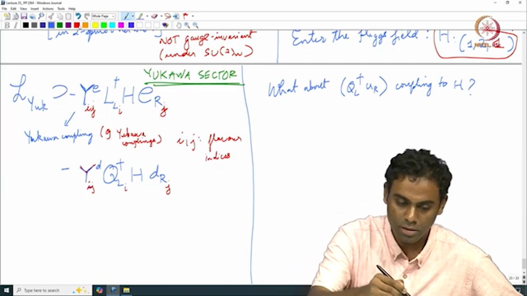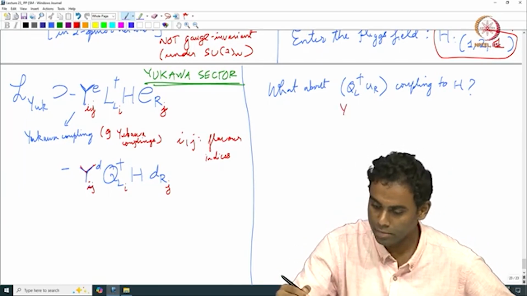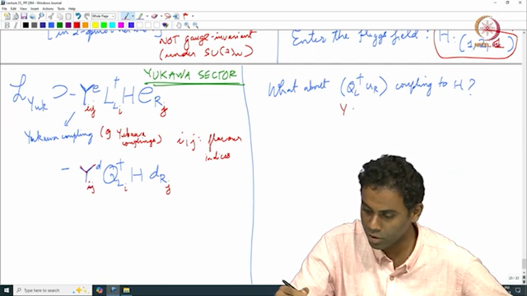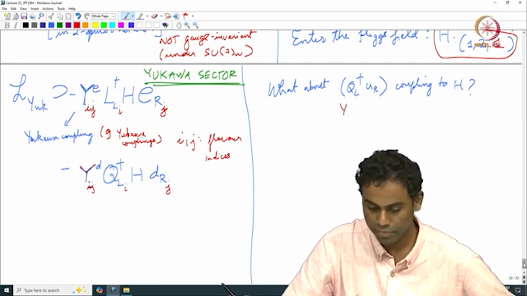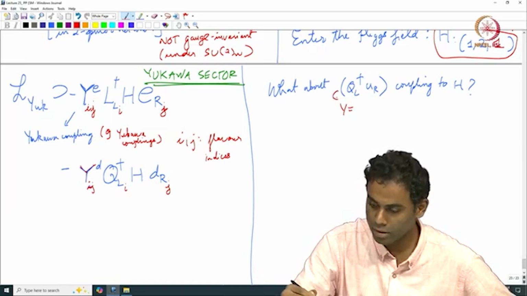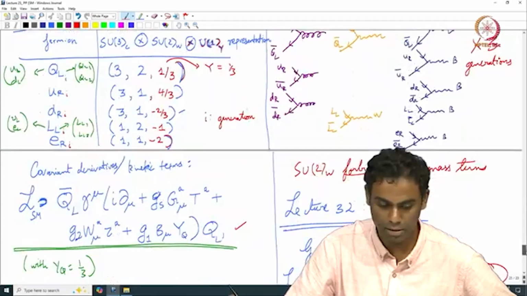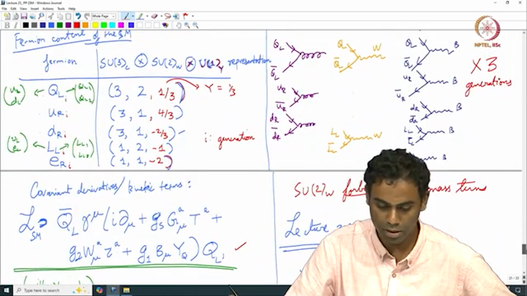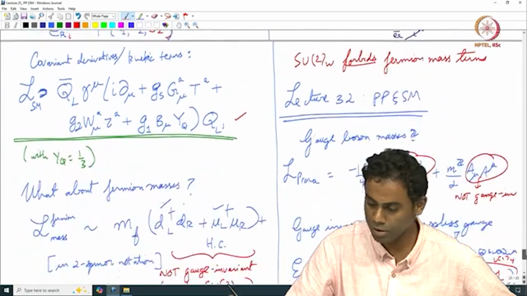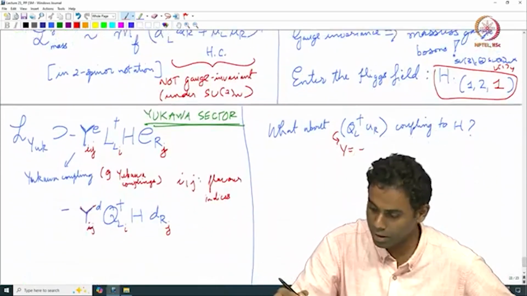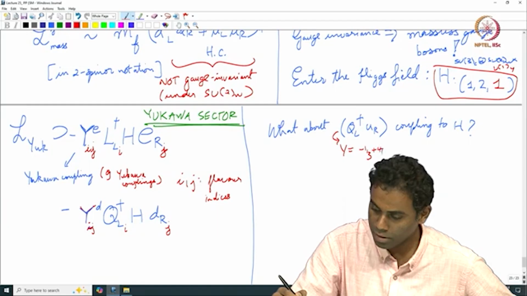The problem here is, look at the hypercharge, right? So the total hypercharge of this object is what? So it is for QL, or at least for QL dagger, it was minus 1/3, and for UR it was 4/3, right? So minus 1/3 plus 4/3, what is that?